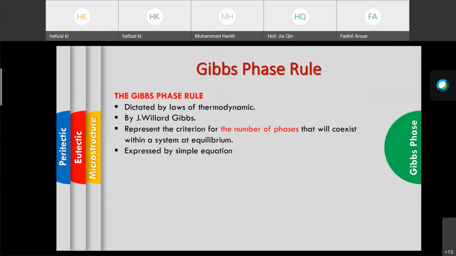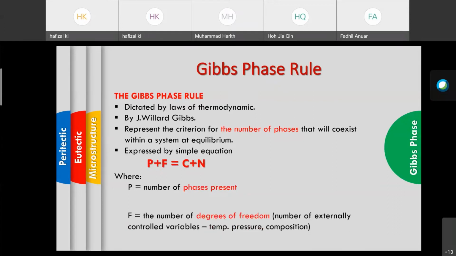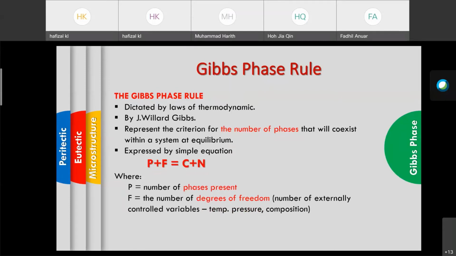In this case, we have a formula that links the existence of phases to parameters such as temperature and composition. So we have the equation P plus F is equal to C plus N, where P is the number of phases present. So we have one phase, two phase, three phase present.